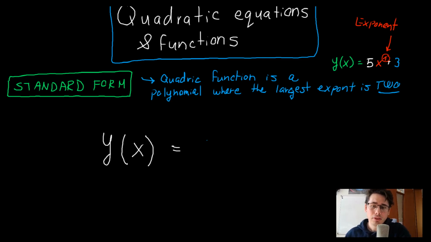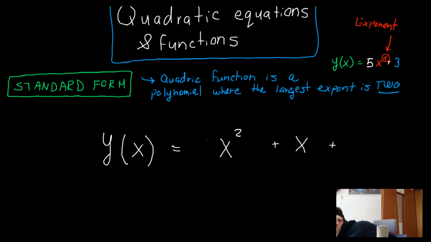Okay, so let me go already put the blue. There is going to be an x squared, there's going to be an x, and there's also going to be just a number.